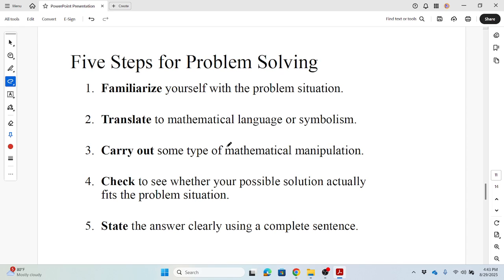So first you understand the problem, then you change it into a mathematical problem, then you use mathematical properties to solve it, and after finding the solution you check your solution by going back to the real situation, and finally you state your answer in clear language. So these are some problem solving tips.